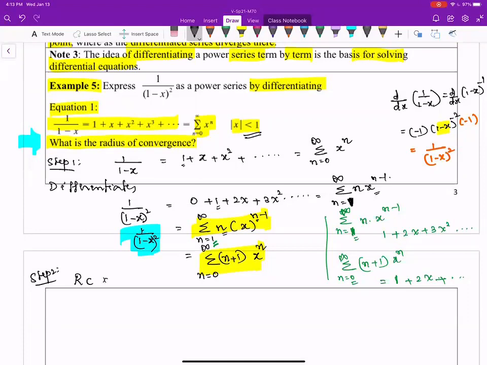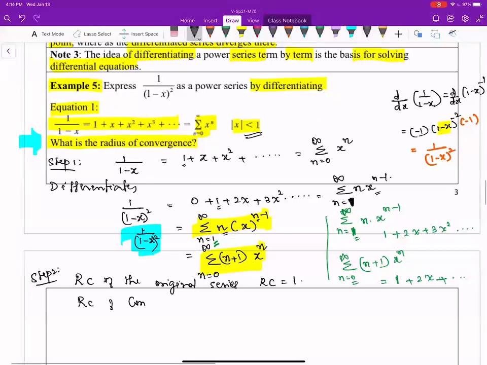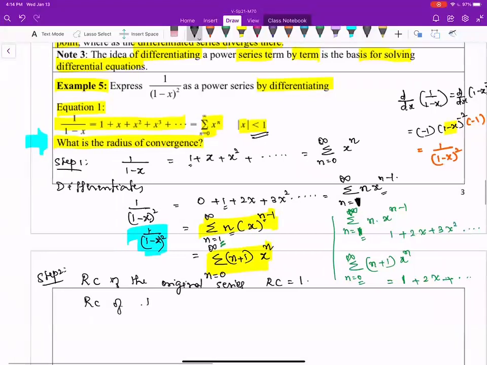The radius of convergence of the original given series is 1. Therefore, the radius of convergence of the derived one is also r equal to 1.